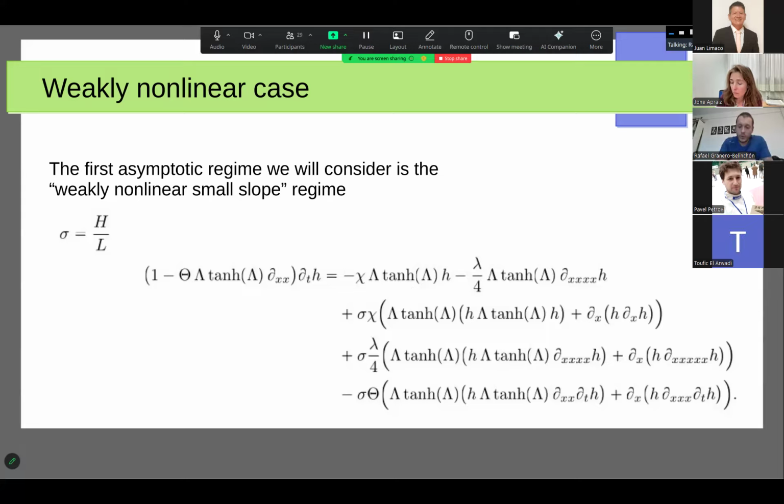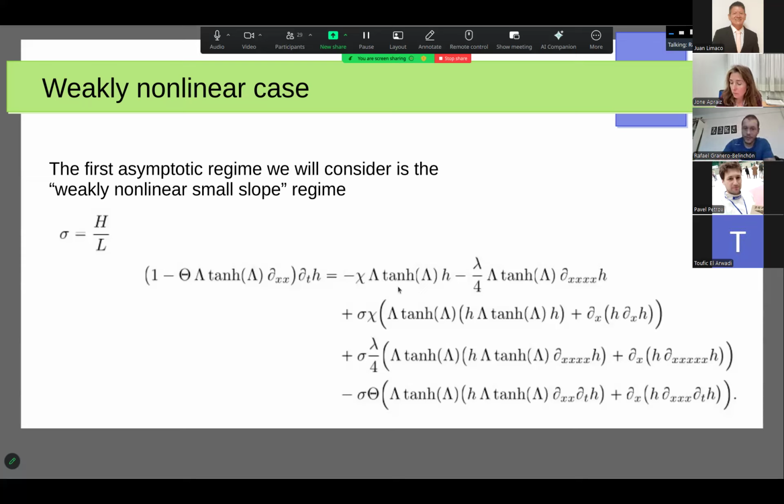So we change from four unknowns to just one unknown. Instead of a nonlinear free boundary problem, we have a nonlinear and non-local single PDE.